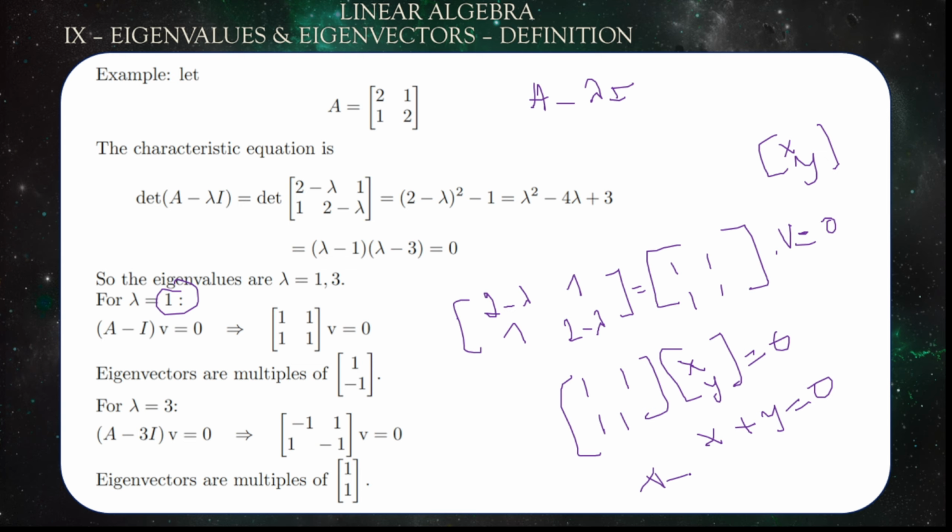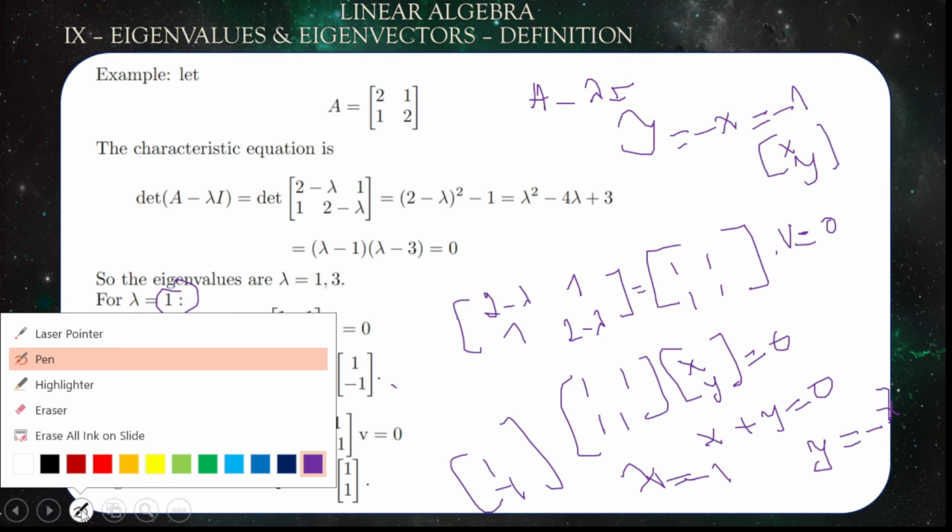So if x equals 1, y is equal to minus x, which is minus 1. So the first eigenvector is 1, minus 1, because x, the first argument, is equal to 1, and since y is equal to minus x, y equals minus 1. So it is 1, minus 1. This is the first eigenvector.